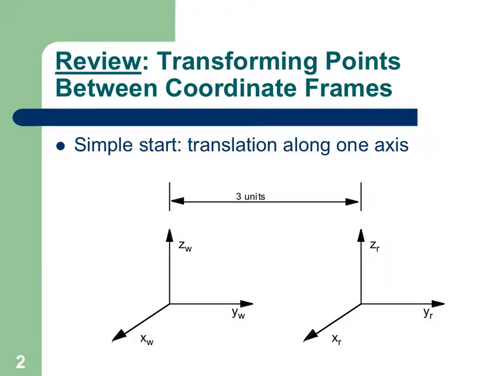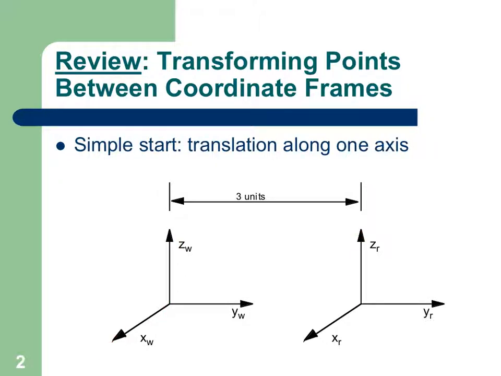So just to review where we are to date, we've been talking about how to transform points between coordinate frames. For example, maybe we have two coordinate frames here. We have the world coordinate frame, which has a W subscript, and we have the robot coordinate frame, which has an R subscript, and they happen to be perfectly aligned. The z-axis points in the same direction on both.